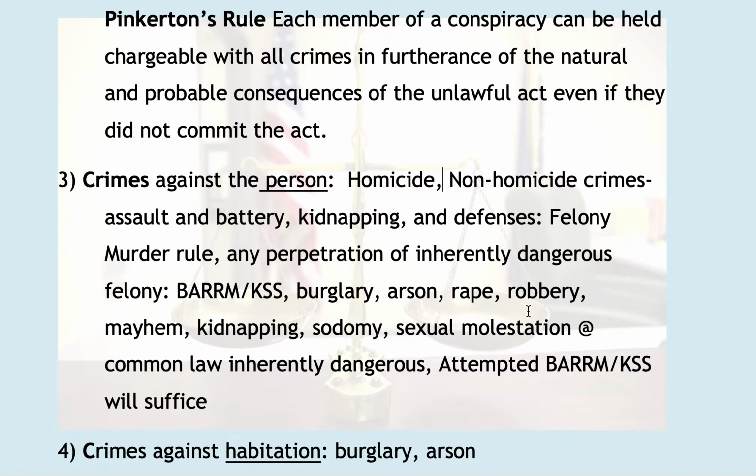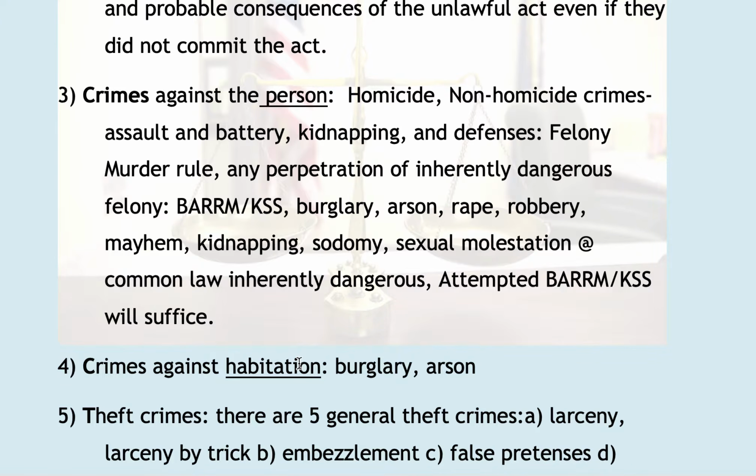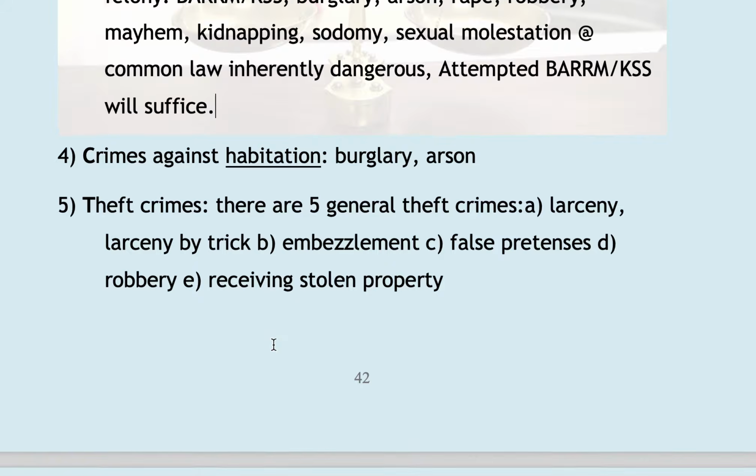Attempted BARRMKSS will suffice. Now, we have different laws modernly than there are at common law. So just keep that in mind. Pay attention to the call of the question.